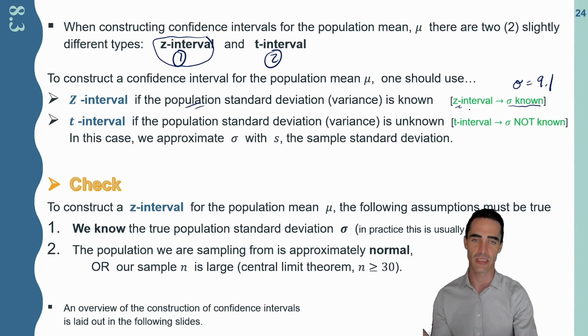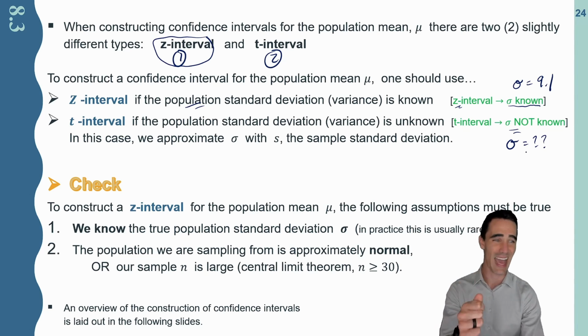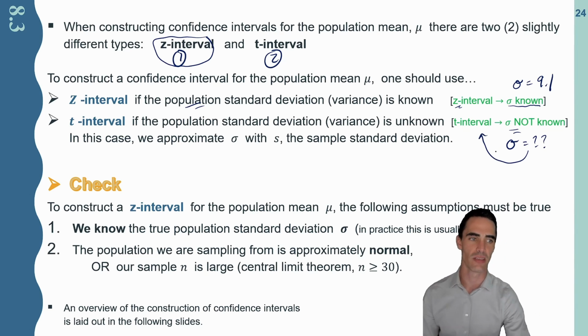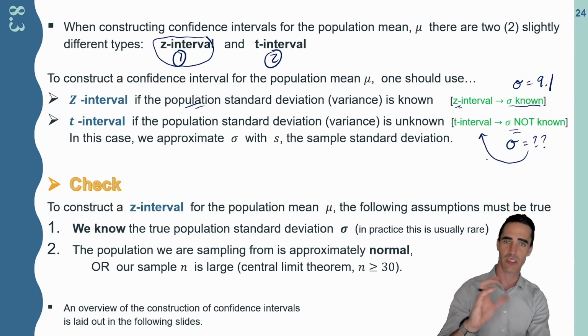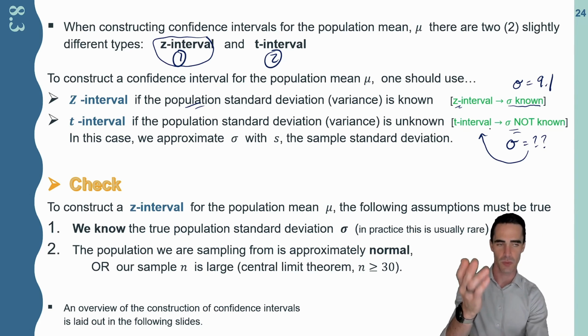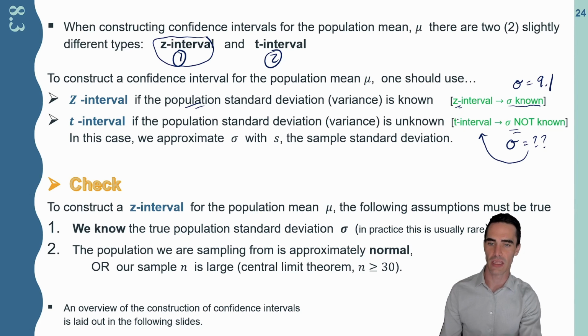Now I can use a z-interval. For a t-interval, it's something a little different. It's when I don't know the population standard deviation. If you're looking at the question and you have no idea what the population standard deviation is, well, with that lack of information, then you need a t-interval. This z and t interval distinction is different for some textbooks, and the one that we focus on, OpenStax, relies on this distinction, so we'll do the same in this video.